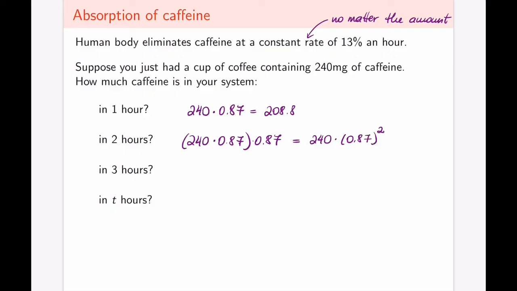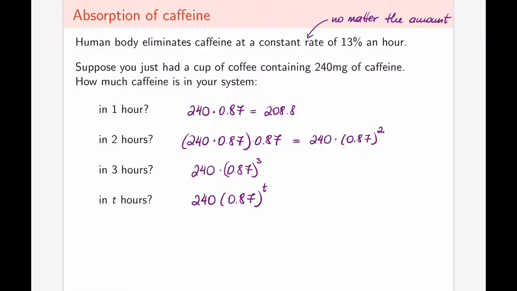In 3 hours, this factor of 87% will be applied 3 times, and therefore I can simply shorthand write that in 3 hours I'm going to have 240 times 0.87 to the power of 3, and in T hours I can simply state that it's going to be 87% taken T times from the initial amount of 240.